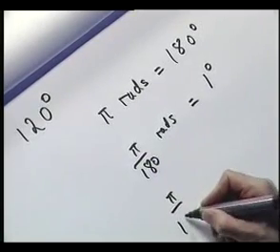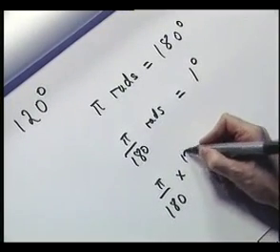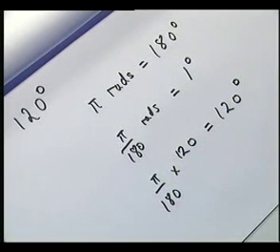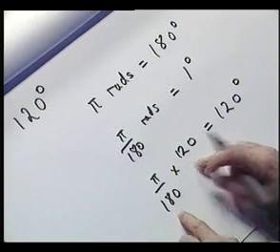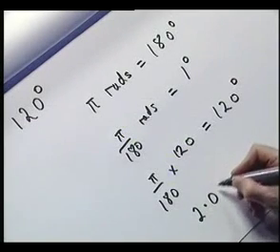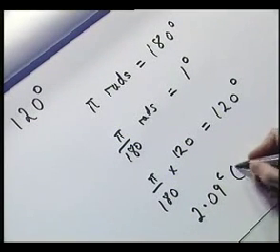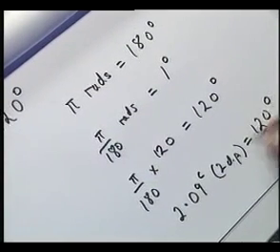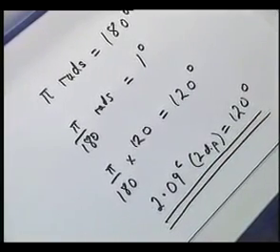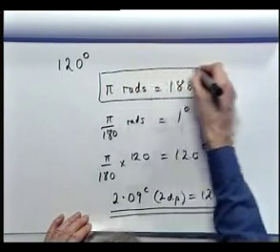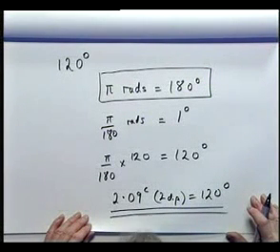So pi over 180 times 120 is equal to 120 degrees. And again, we need a calculator to work this out, and when we work it out, we get 2.09 radians, and that's to 2 decimal places is the same as 120 degrees.